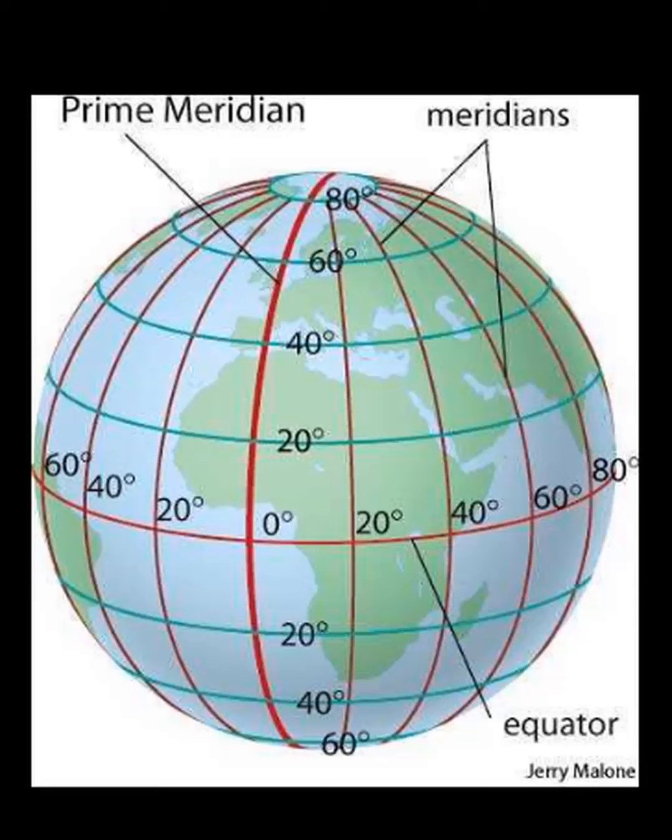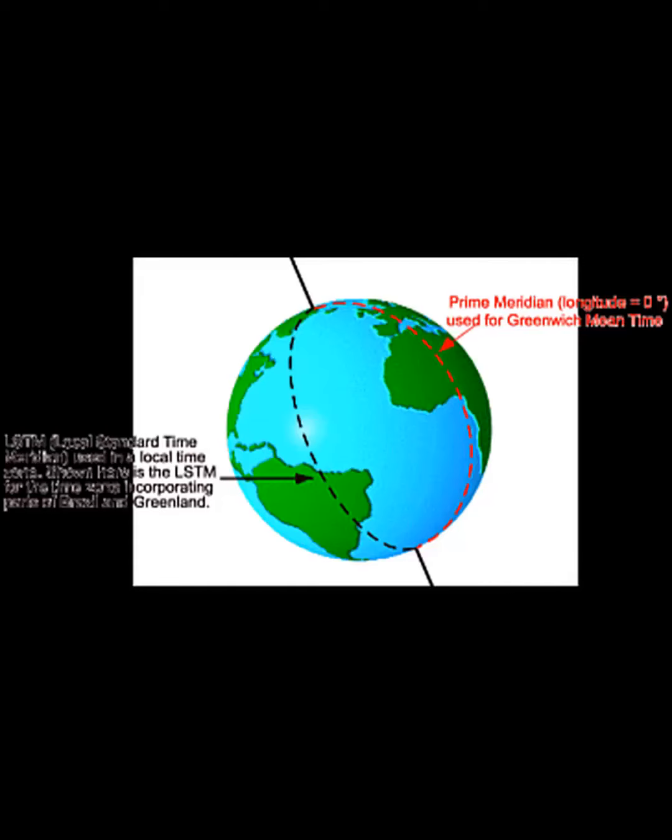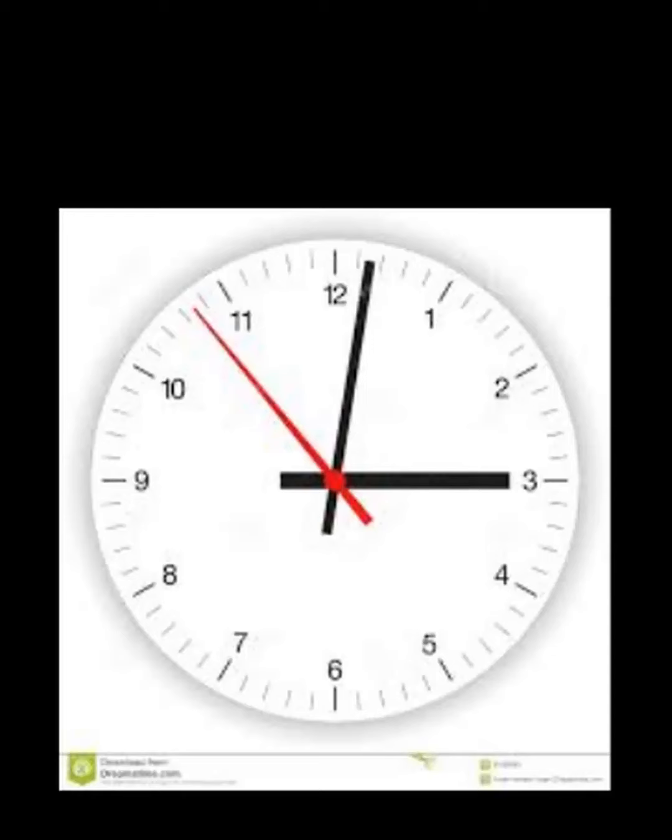The prime meridian is also used as the basis for the world's time zones. The prime meridian appears on maps and globes. It is the starting point for the measuring system called longitudes.